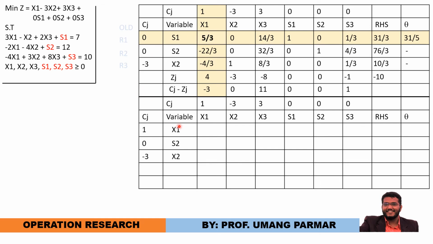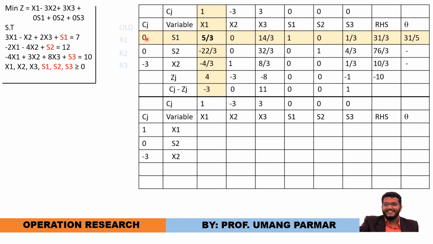But in my new table, in place of S1 I am writing X1. The reason is this is my outgoing variable and this is my incoming variable from the key column and key row of the last table. So here I am mentioning X1, X2 and X2, same as the previous table.